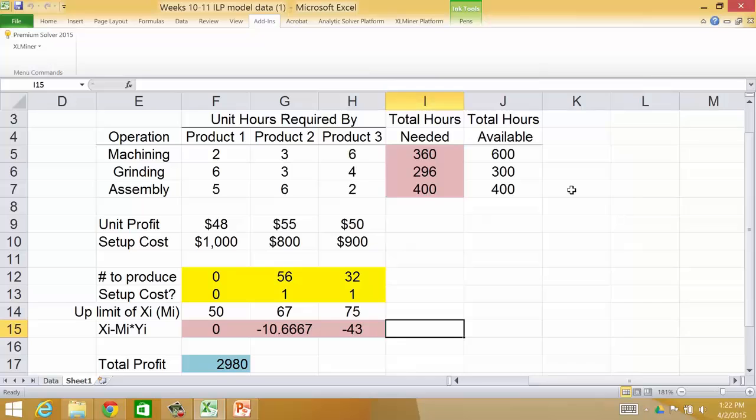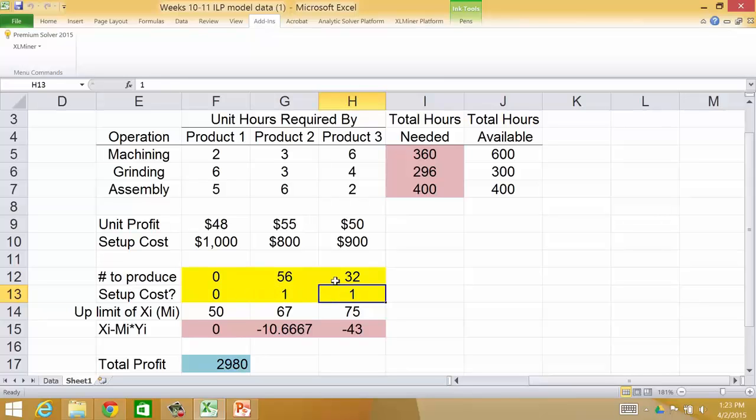Now let's look at the solution given. You can see that in the optimal solution, it is suggested that product 2 and product 3 should be produced. Product 2 needs to be produced at 55 units, and product 3 at 32 units. And you see that the setup cost for producing products 2 and 3 did occur, represented by the y value being 1 here.